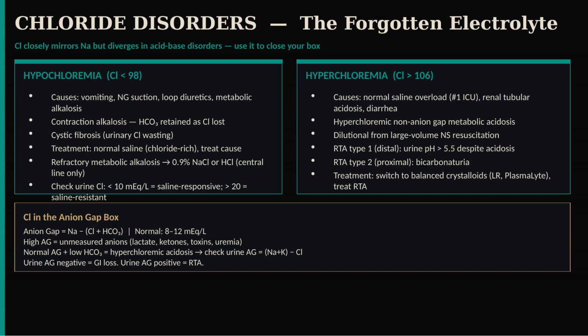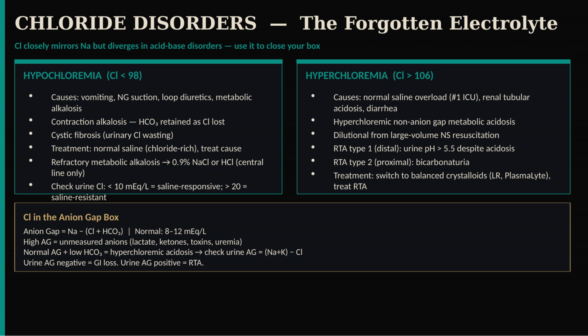Treatment is chloride-rich saline, and the single most useful test here is the urine chloride. Under 10 means saline responsive, give volume, and it resolves. Over 20 means saline resistant, a different problem entirely. High chloride, over 106.